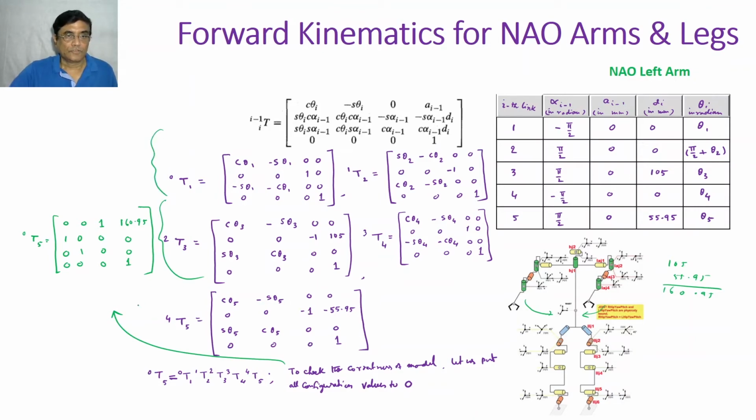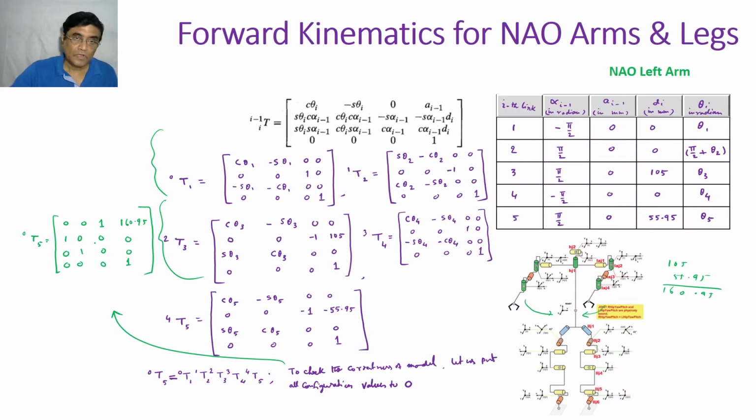So what you will have to do is just put all of theta 1, theta 2, theta 3, theta 4, theta 5 to 0, and then multiply all these matrices, and you will end up getting this.